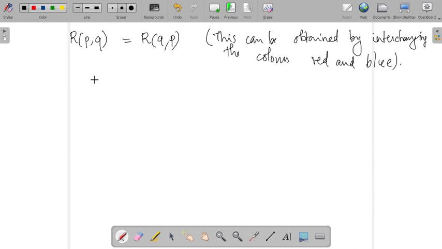Now the next property is, if you have R of 1Q, so R of 1Q is always equal to 1.